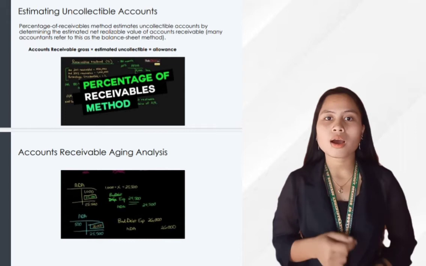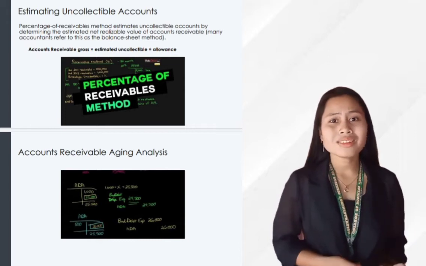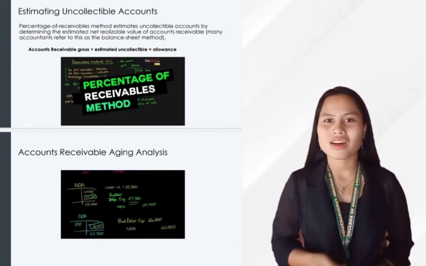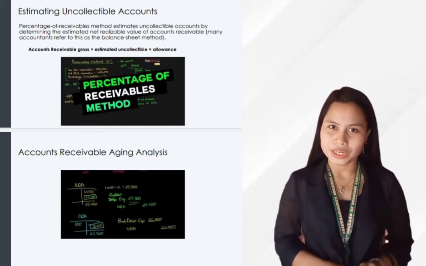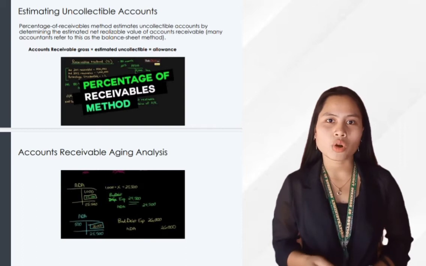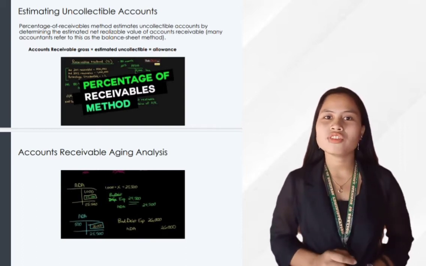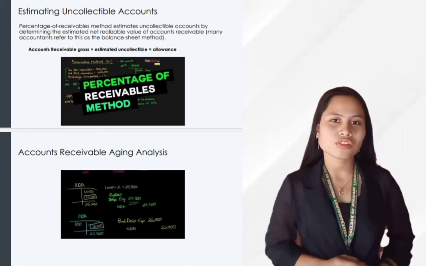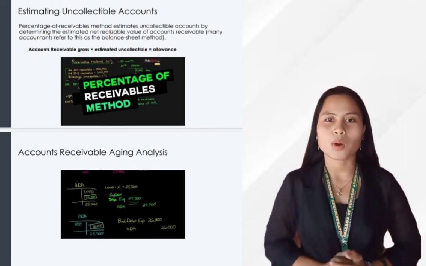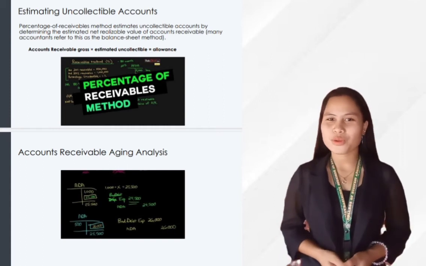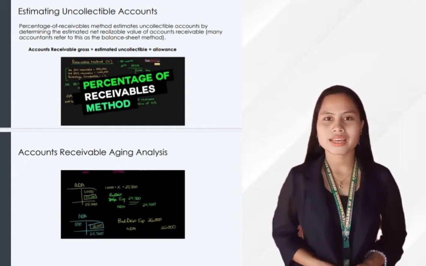Example, if a company has $1,000 in accounts receivable at the end of the accounting period, and company records indicate that on average 5% of total accounts receivable become uncollectible. That is the example. There are also three ways of estimating uncollectible accounts.